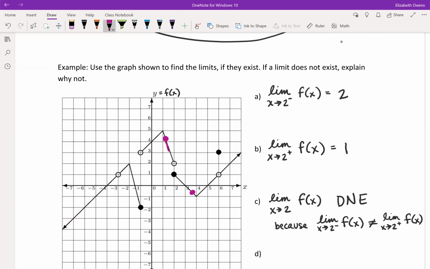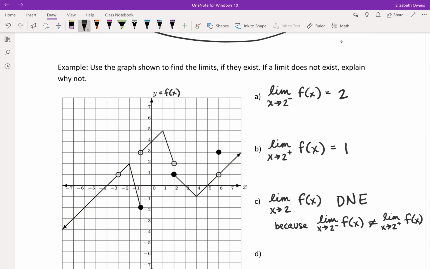One finger would be doing this, and one finger would be doing this, moving in towards x equals 2. And you end up seeing that your 2 fingers are not going to touch each other. So we don't have a consistent limit between the 2 sides. That limit doesn't exist.